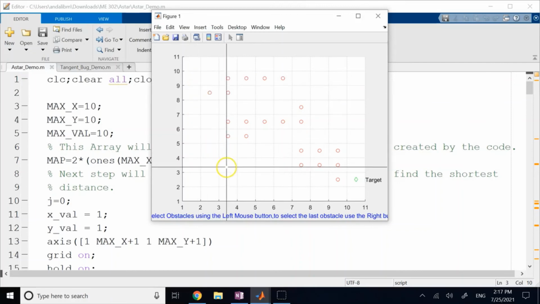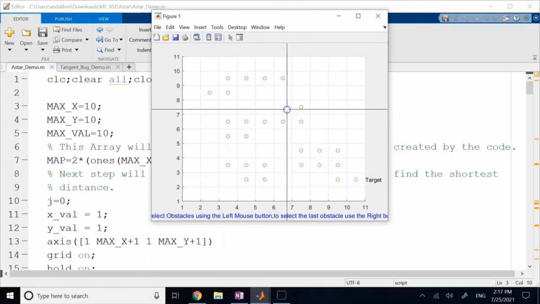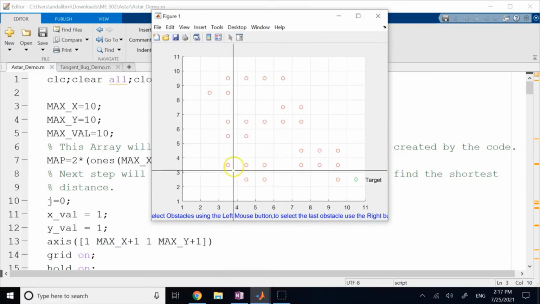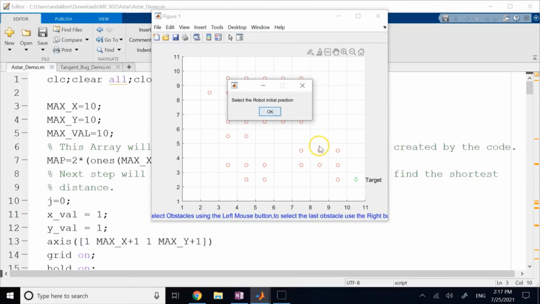And maybe even an obstacle like that here. Okay, so each one of them is a shape of an obstacle. This is another shape, this is one. And let's say I'm done, I right click at the end point.